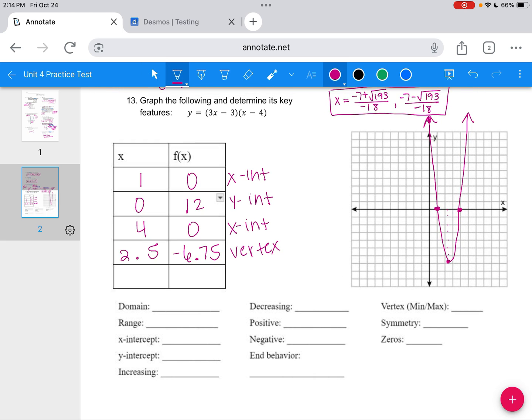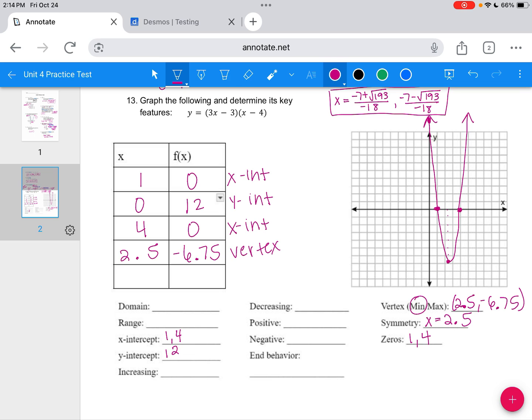So I know my x-intercepts are going to be 1 and 4. My y-intercept is 12. My vertex is a minimum at 2.5, negative 6.75. And my symmetry is x equals the same x value as my vertex. And my zeros are, of course, my x-intercepts again.